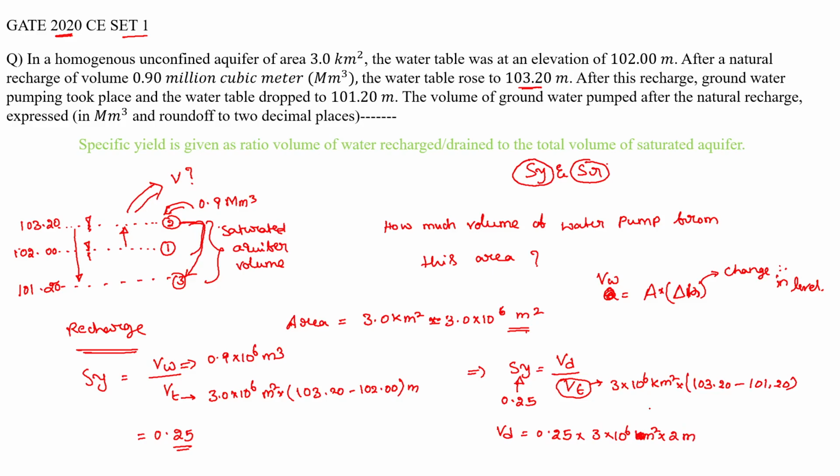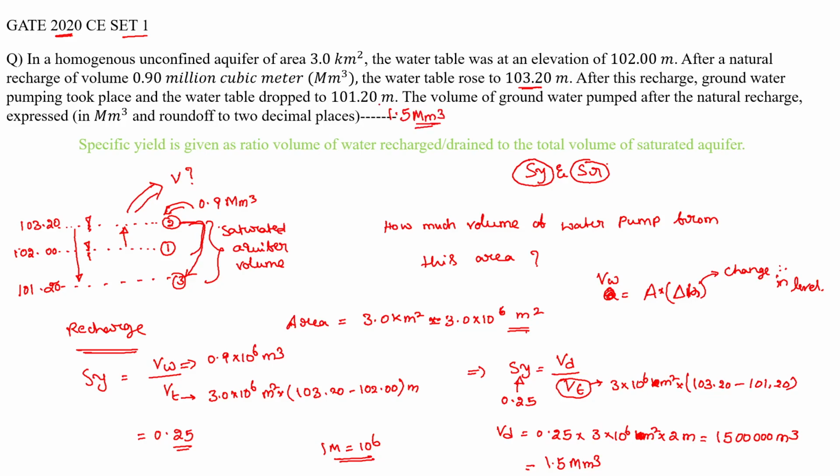It will become 1,500,000 meter cube. But in the question they asked to express in million meter cube. One million equals 10 power 6, so you write the answer as 1.5 million meter cube.